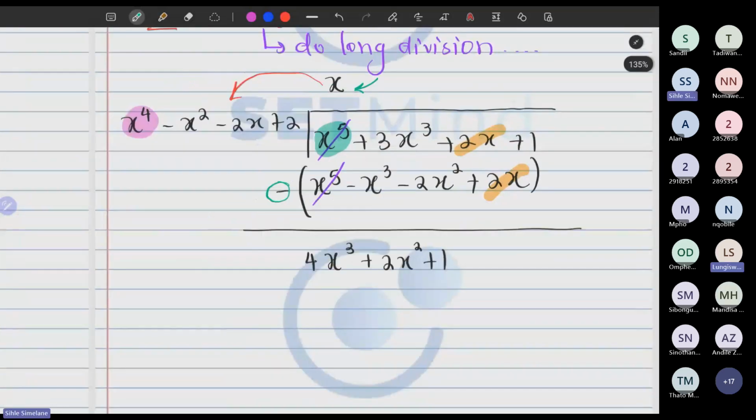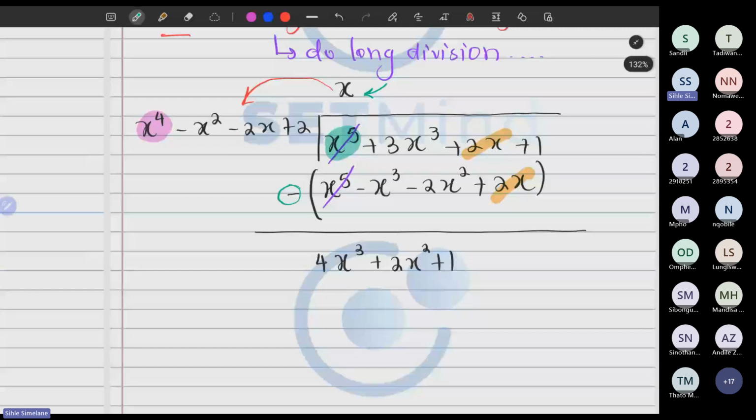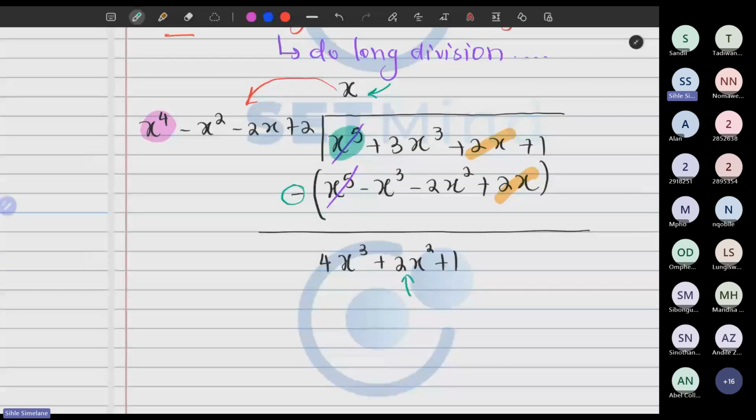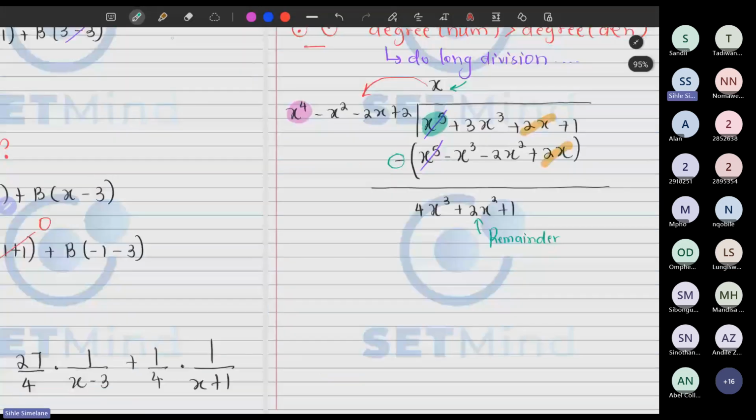Okay. So what is left here is the remainder. And if you guys remember, how do you write the final answer if you were dividing?